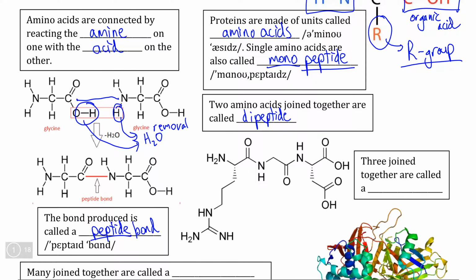And if we were to do this reaction again, so if we were to take a third amino acid and take the amine group and react it with the acid group at the end here, we would have three monopeptides joined together, which not surprisingly would be what we call a tripeptide.